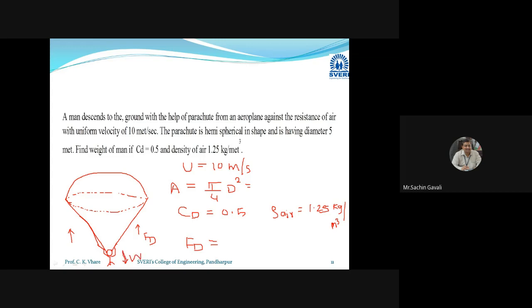We are neglecting the parachute weight. If it is given, then weight of man plus weight of parachute. But if the weight of parachute is not given, then only the weight of man we have to consider. In this numerical there is no information about the weight of the parachute, therefore only the weight of man.